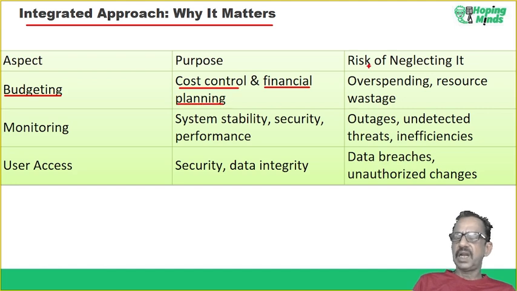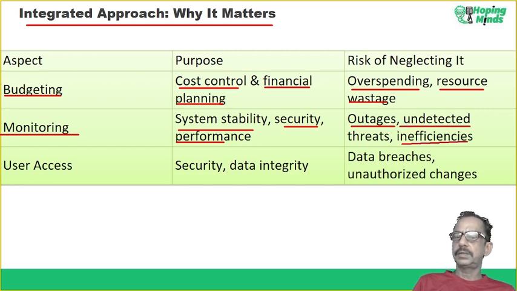What is the risk of neglecting it? If you don't do it properly and neglect it, it can be the reason for overspending and resource wastage. Resource wastage automatically means overspending. For monitoring, the purpose is system stability, security, and performance. If you neglect this, there can be outages, undetected threats, and inefficient work.